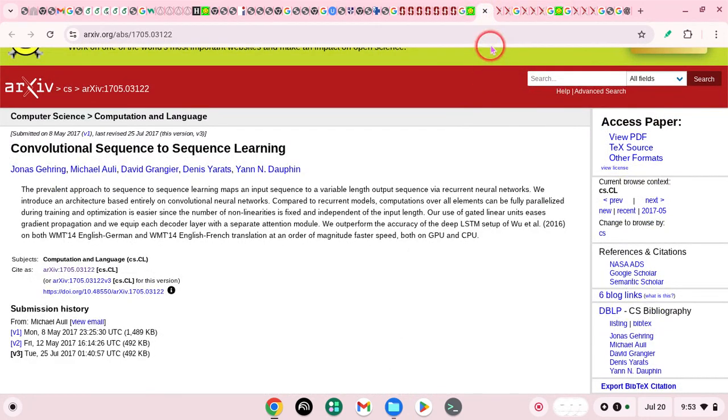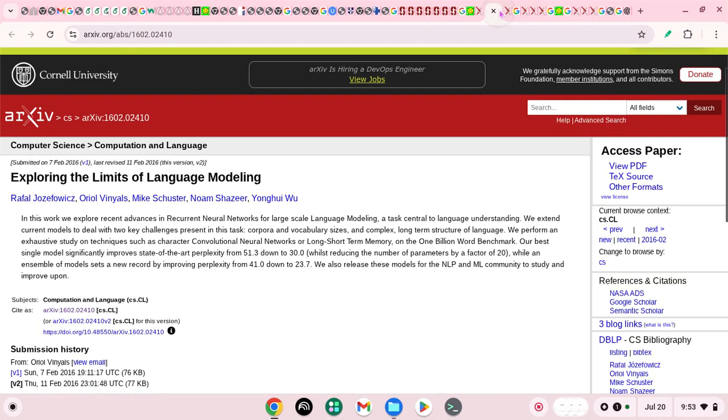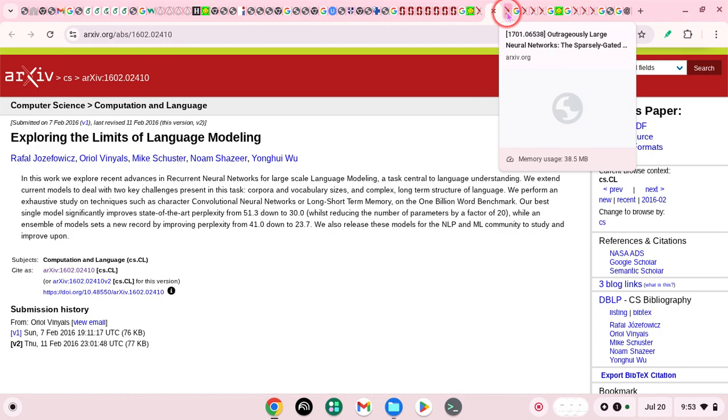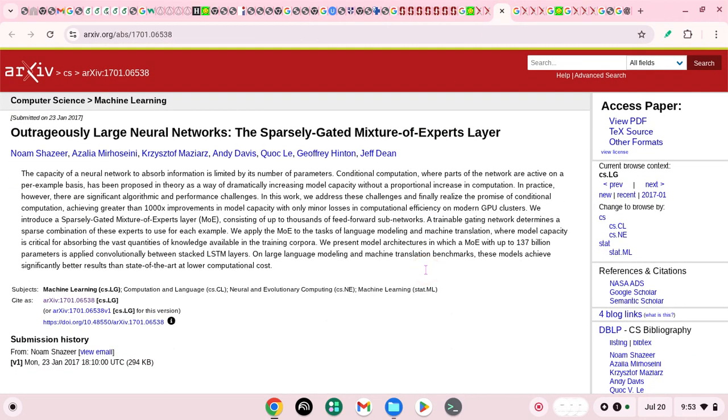And also there are some specialized papers that address these challenges, like those on conditional computation involving recurrent neural networks and convolutional neural networks.